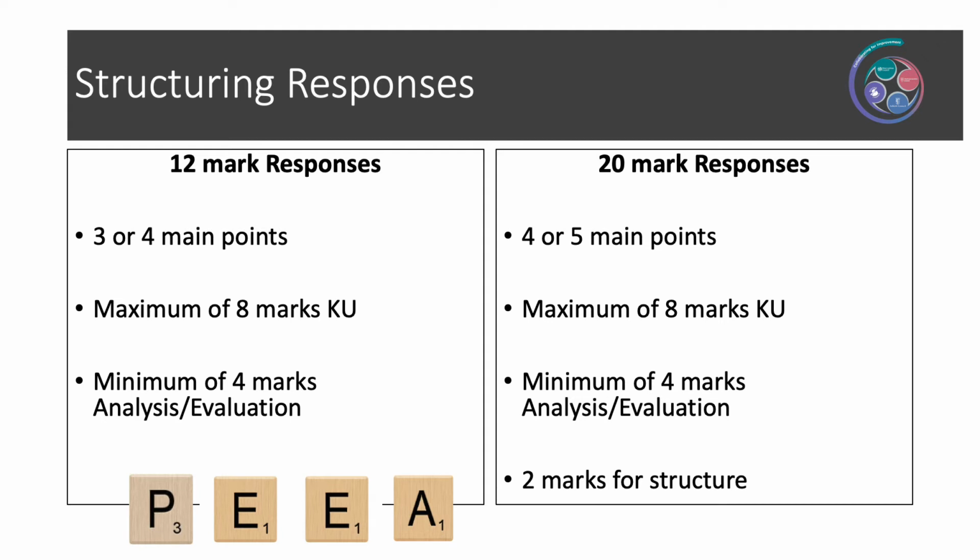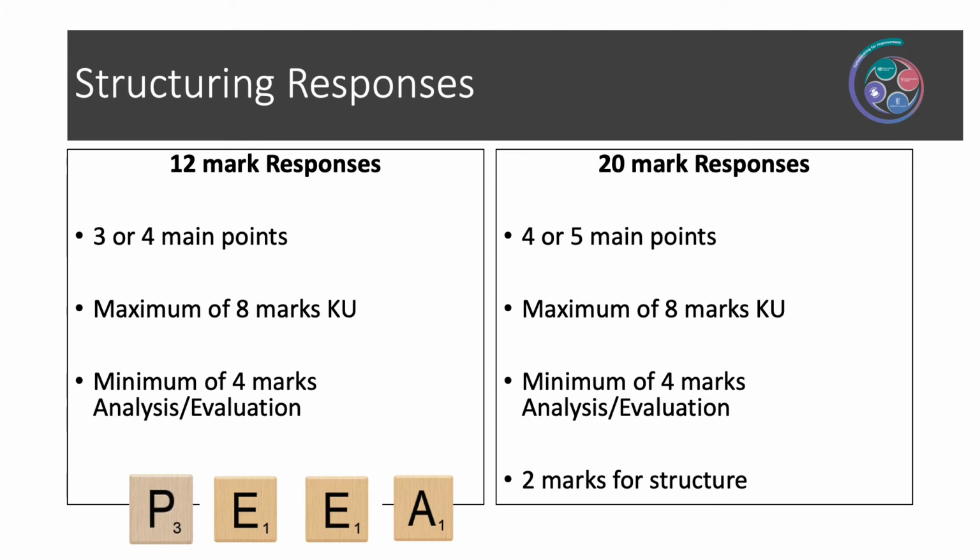So that does imply that you have to look at more than one point. So for a 12-mark response, you would be looking for 3, possibly 4 points, depending on the size of the point that you make. We do have to build in knowledge, but you are capped at 8 for your knowledge, 8 out of 12. It is possible to have a makeup of other combinations. You could have 6 knowledge and 6 analysis.